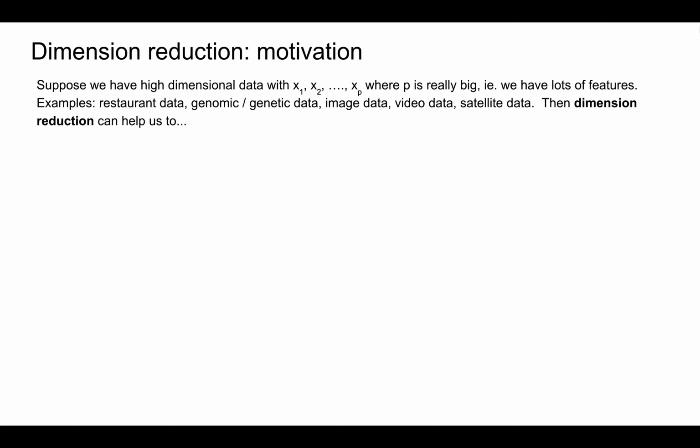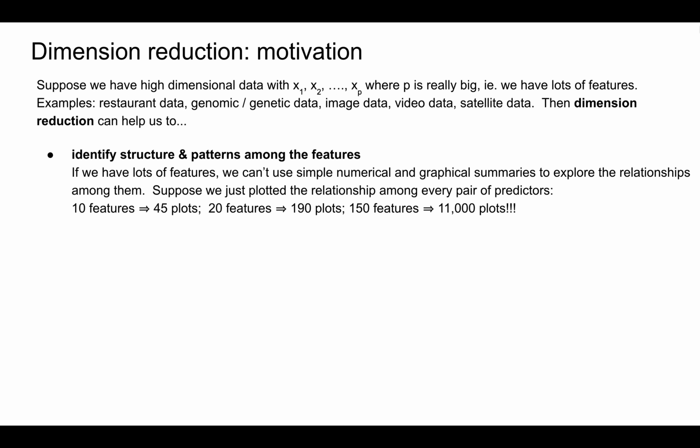Beyond our restaurant example, high dimensionality is common among genomic and genetic data sets, image data, video data, satellite data, and more. In such scenarios, dimension reduction can help us to identify structure and patterns among the features. Mainly, if we have lots of features, we can't use simple numerical and graphical summaries to explore the relationships among them.